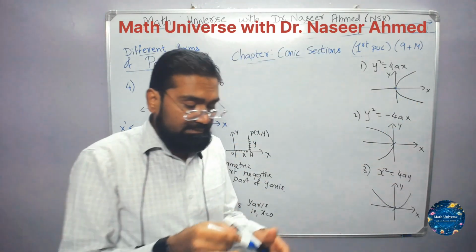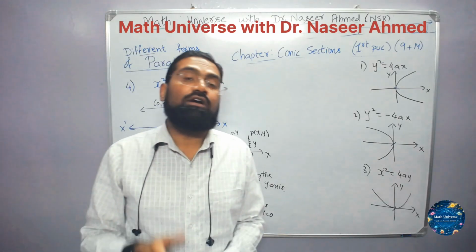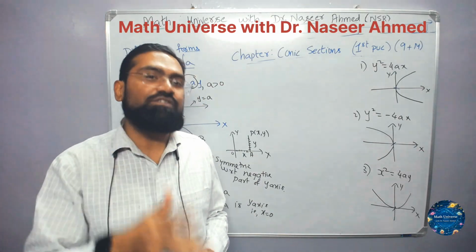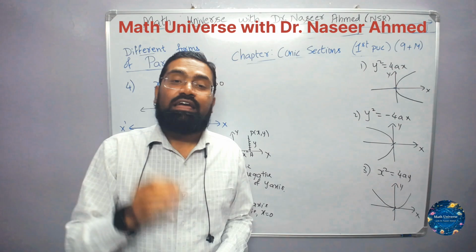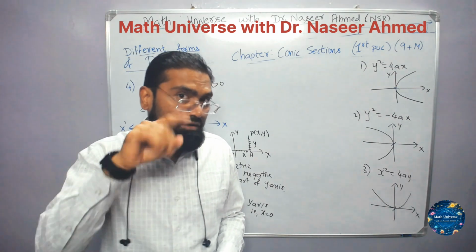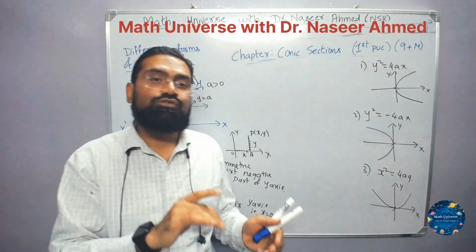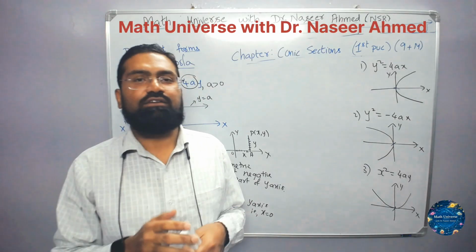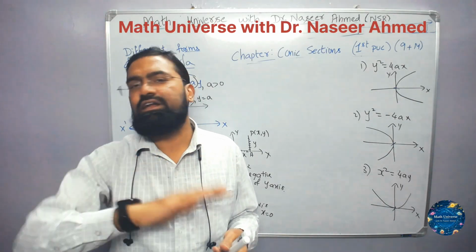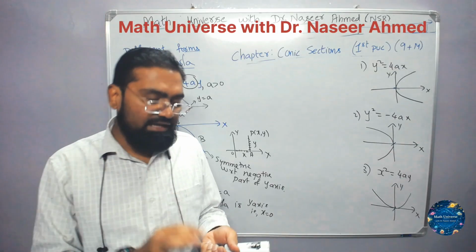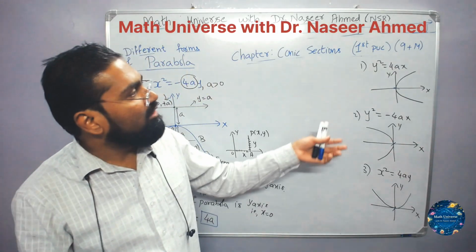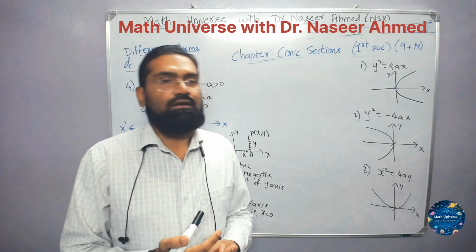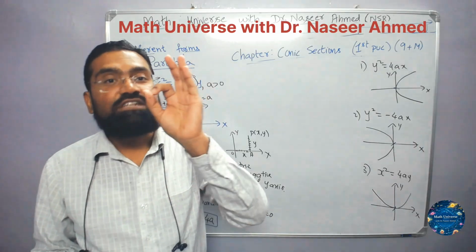When I was discussing the chapter on straight lines, the general equation of the line was ax plus by plus c equal to 0. There I quoted that if a line or a curve passes through the origin, then for an algebraic equation, free from trigonometric and exponential functions, nothing but a polynomial type, the constant will be 0.